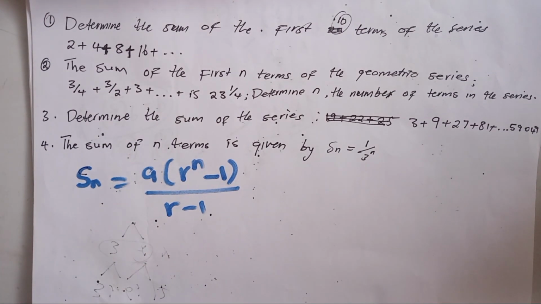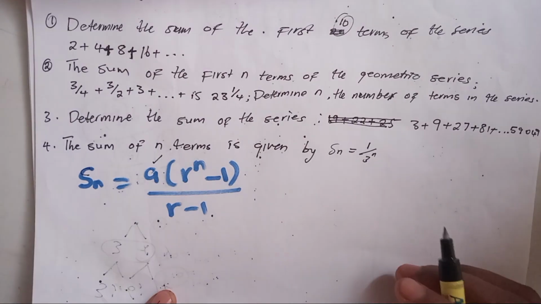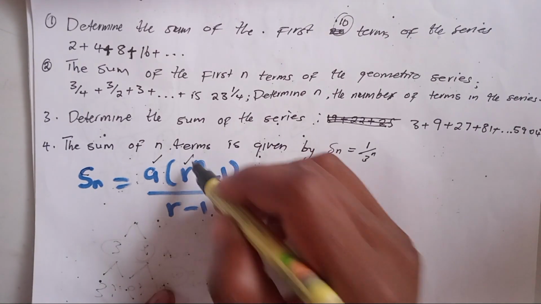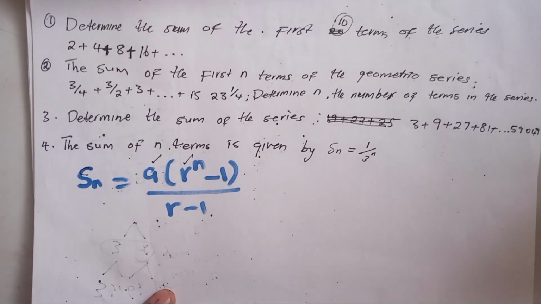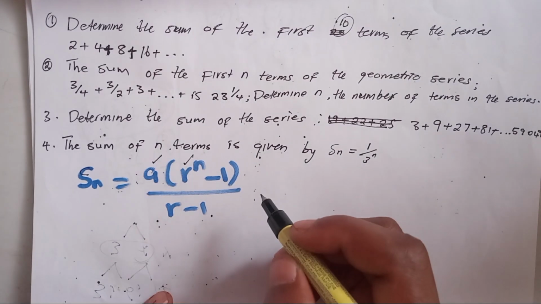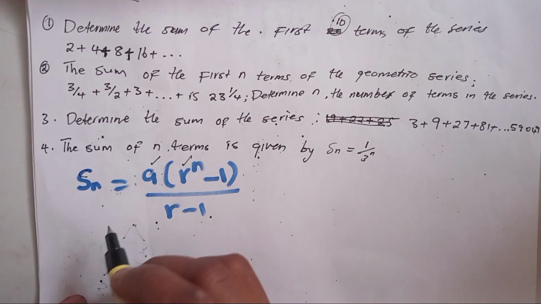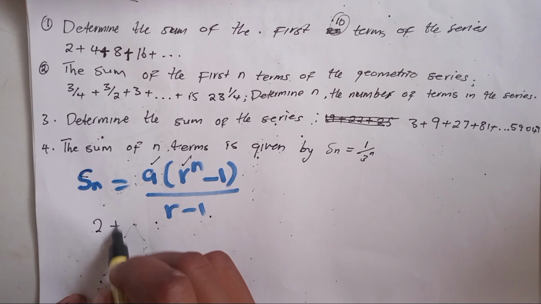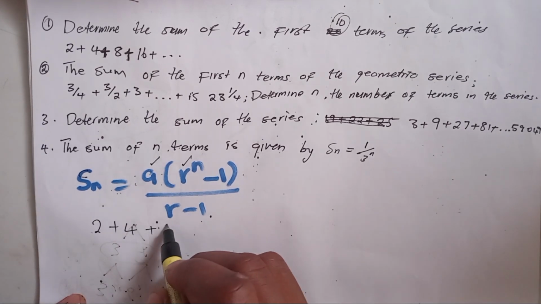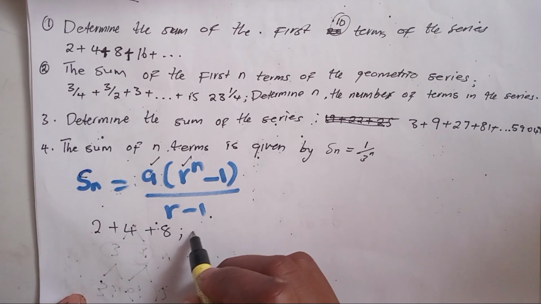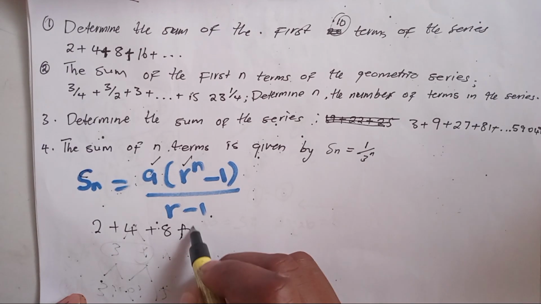So what do you need in order for you to use this formula? You need to find the first term of the series, and you have to find the common ratio of the series. So let's work on that. We have our first term as 2, our second term as 4, our third term as 8, our fourth term as 16.